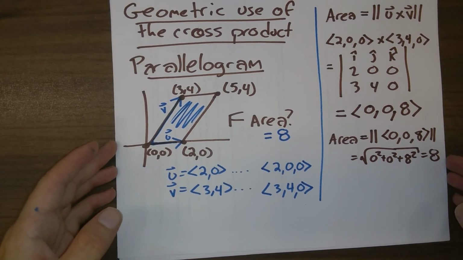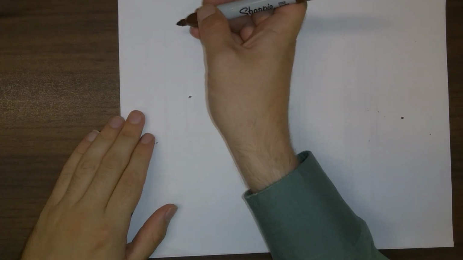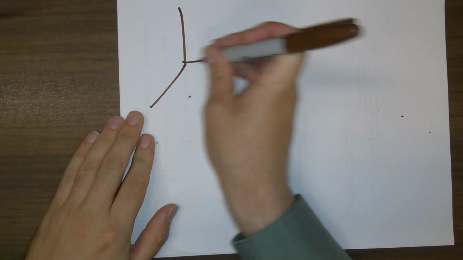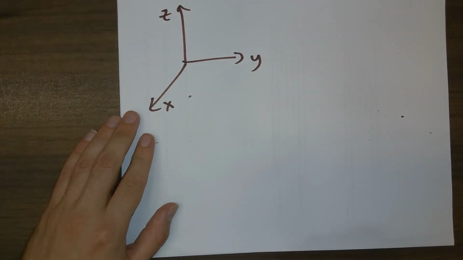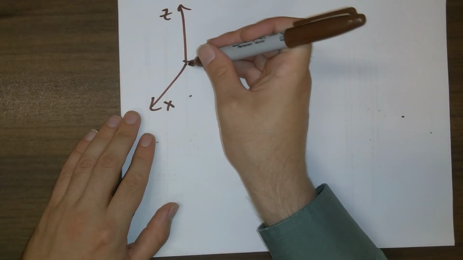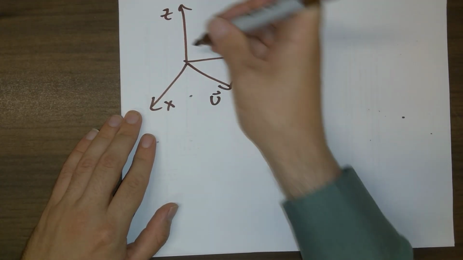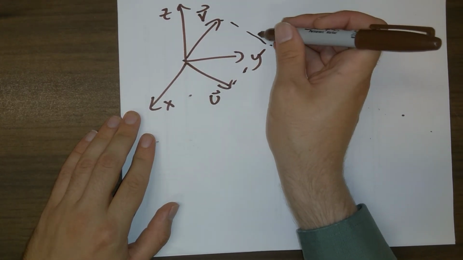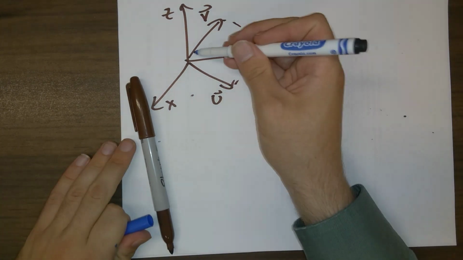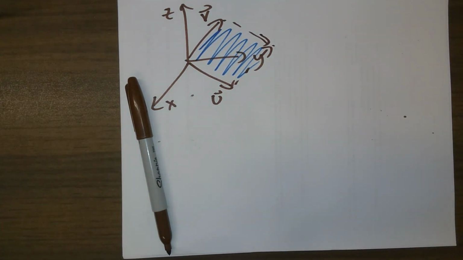So that's a nice little geometric use of the cross product. I should say that it doesn't have to be parallelograms that live in R2, in the plane. If we were to set up some axes here, x, y, and z, and I were to draw two vectors at random, here is some vector u and here is some vector v, and we translate, we get some overall parallelogram there.